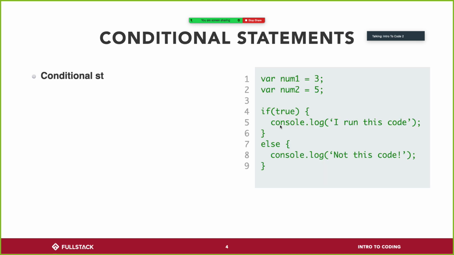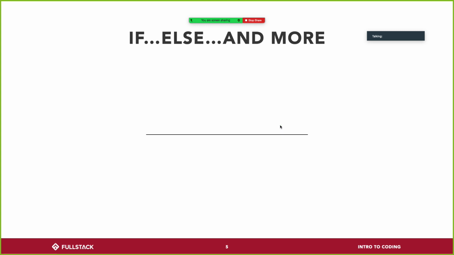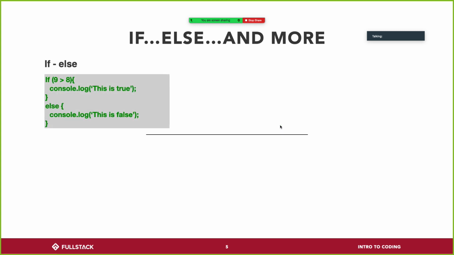And so how we do this is we use if-else statements. Yeah, these statements are pretty contrived because if 9 is greater than 8 is always going to be true. So it'll always log this is true. But so it'll never get to the else statement.